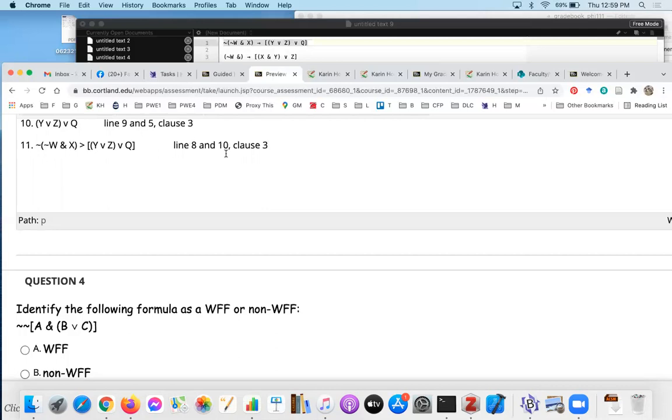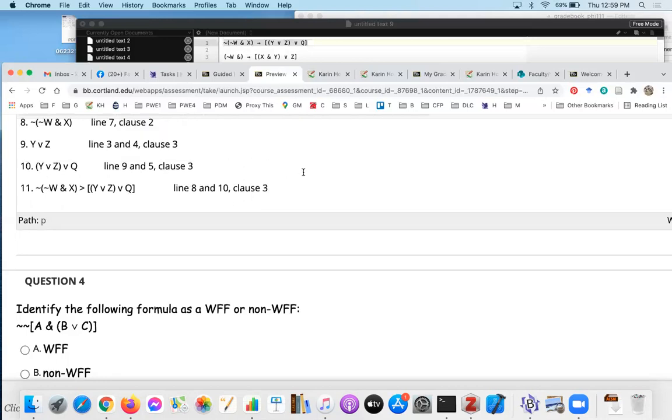I tend to cite the line that I use first. So that happened to be line 8. And then the second line, but it doesn't actually matter. Order doesn't matter there. So if you had said line 10 and line 8, comma, clause 3, that would have worked just fine. And that's my proof.